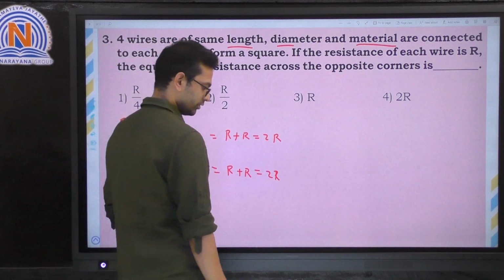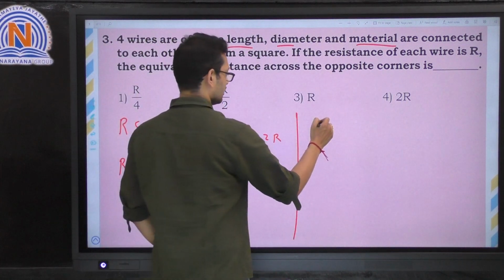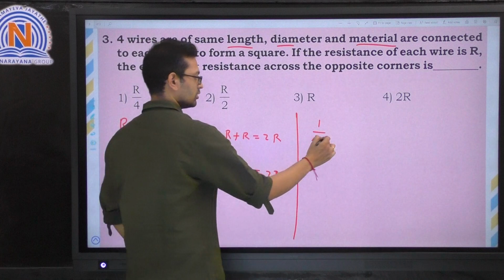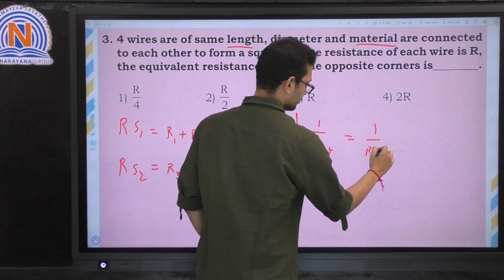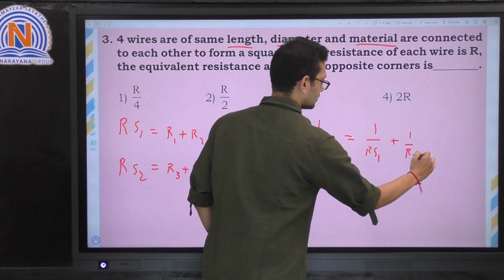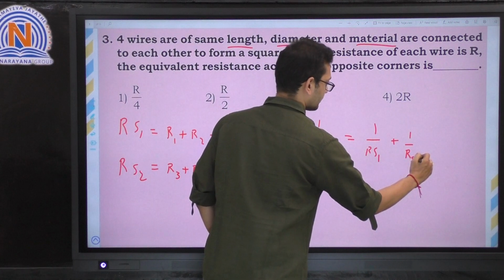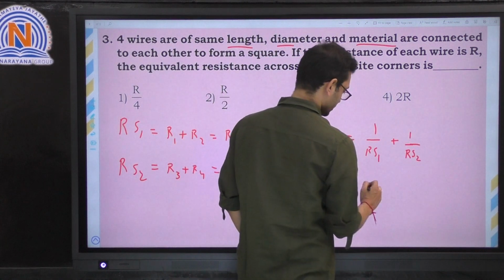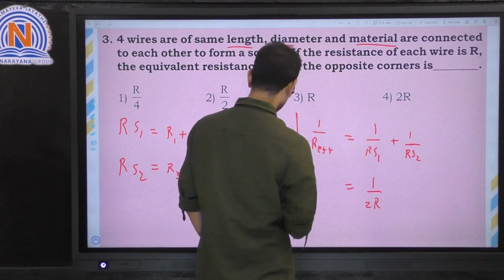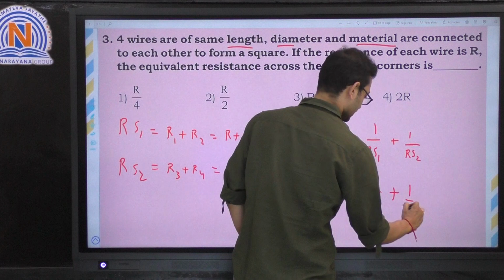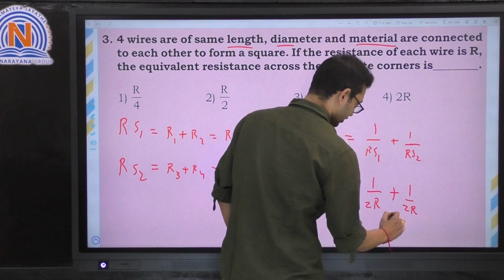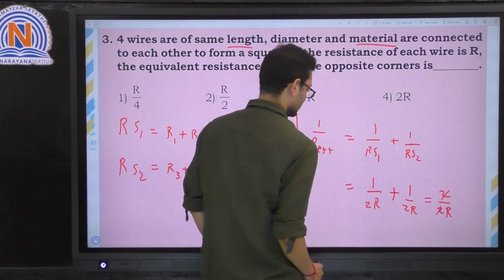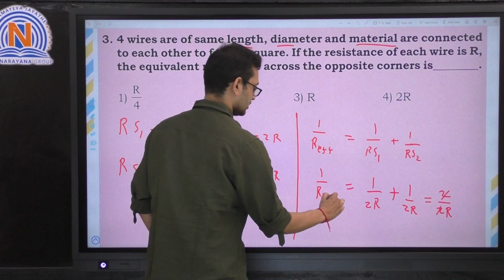Now to find R effective, 1 by R effective is parallel, so it is 1 by RS1 plus 1 by RS2, which is 1 by 2R plus 1 by 2R. This is equal to 2 by 2R.